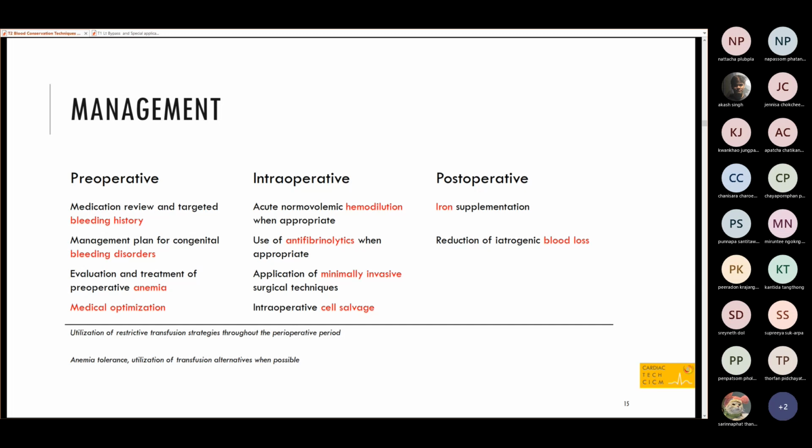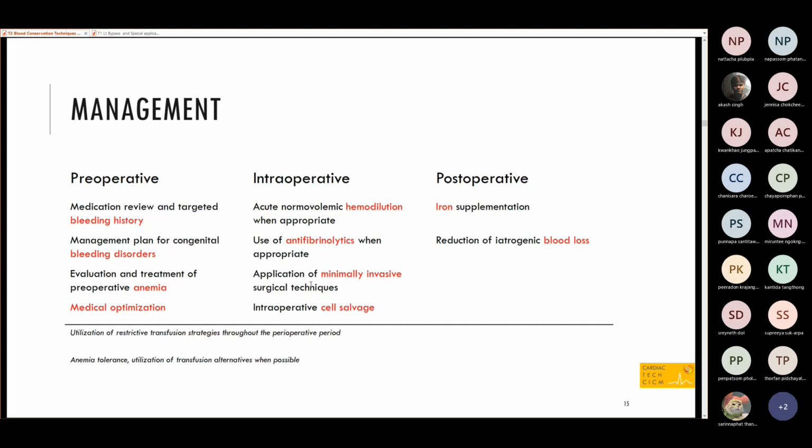So we need to optimize hemodilution for the patients. This is a key point. Also, the use of anti-fibrinolytic agents, which some centers prefer to use.